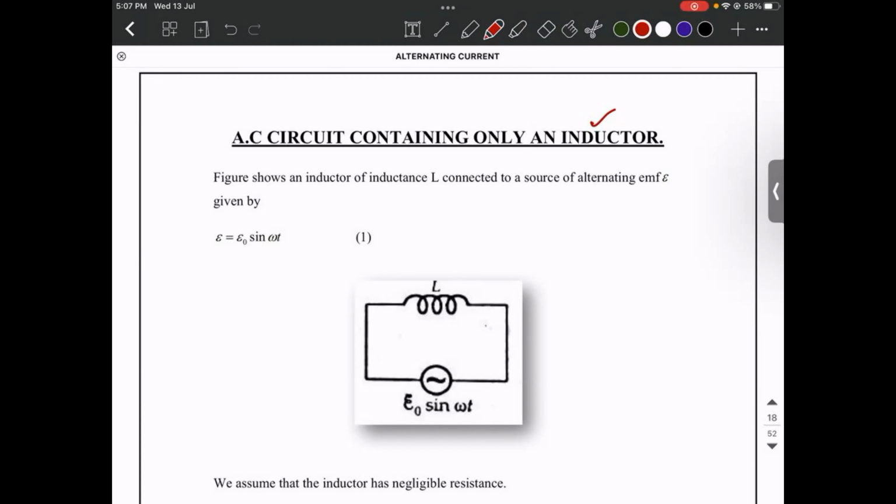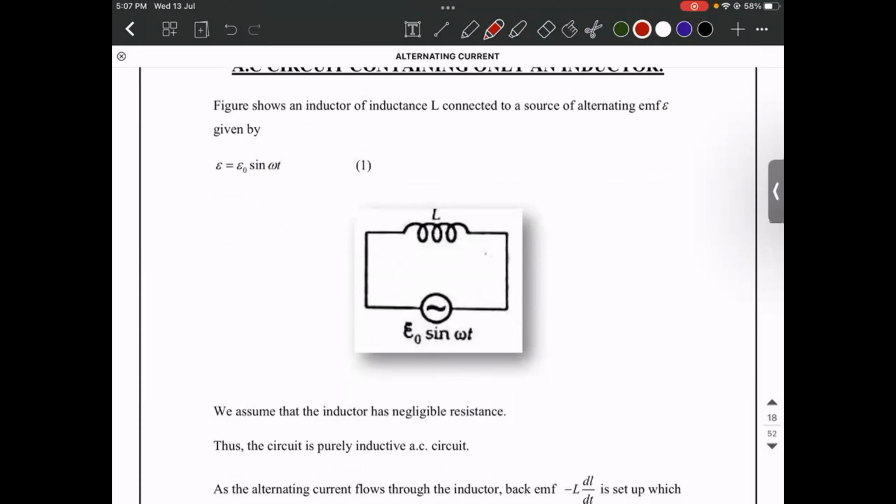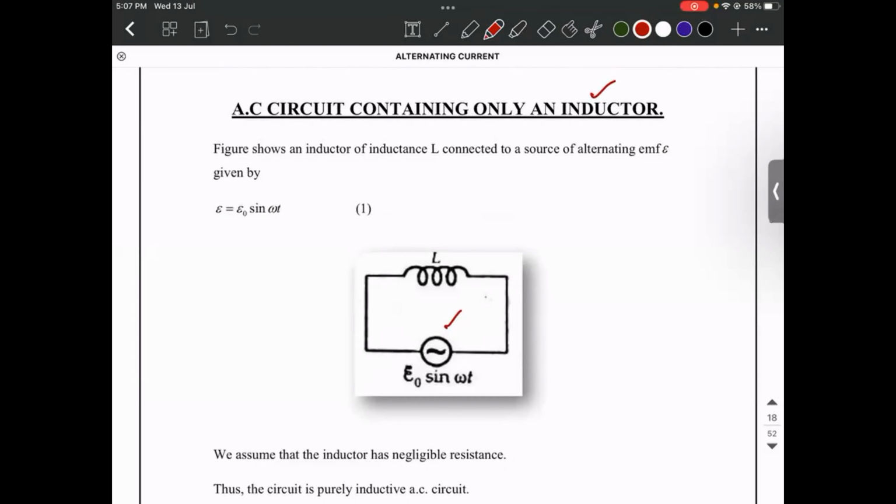Right. So when you take an AC source whose EMF is E naught sin omega t and you connect it across an inductor of inductance L.